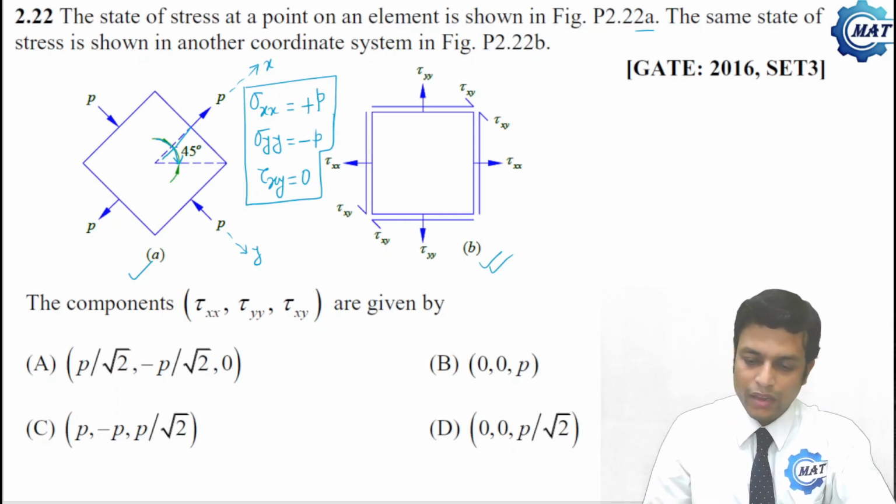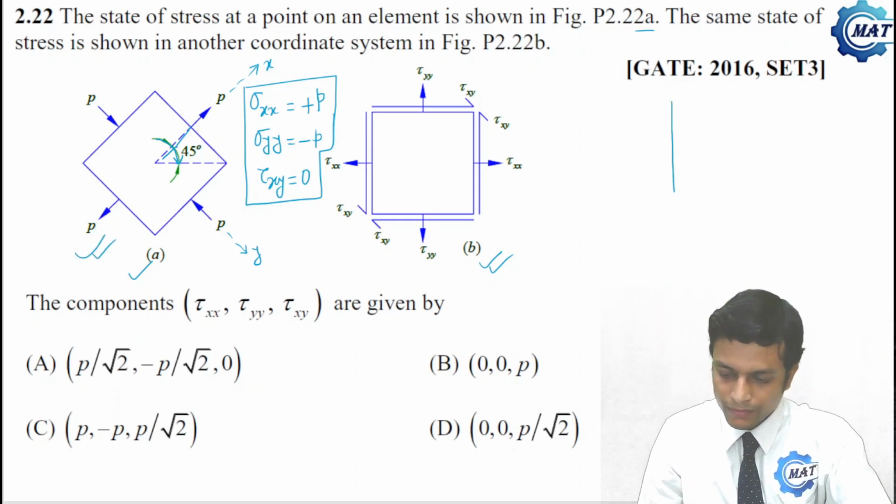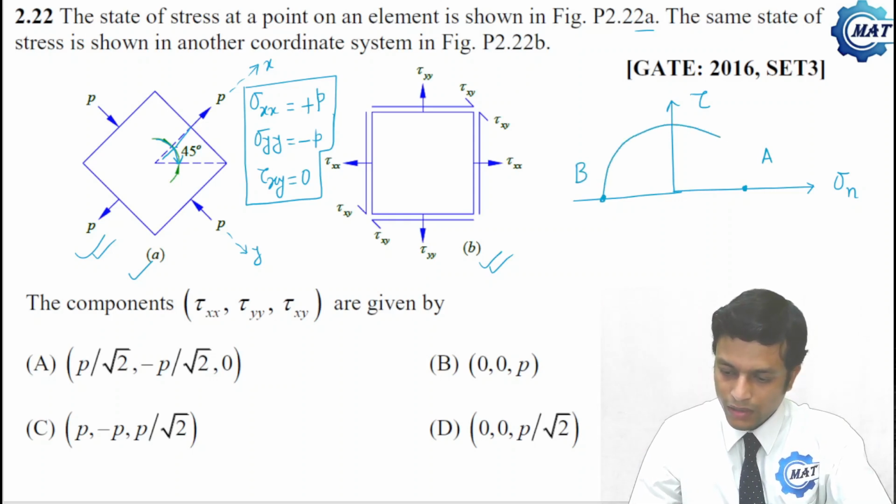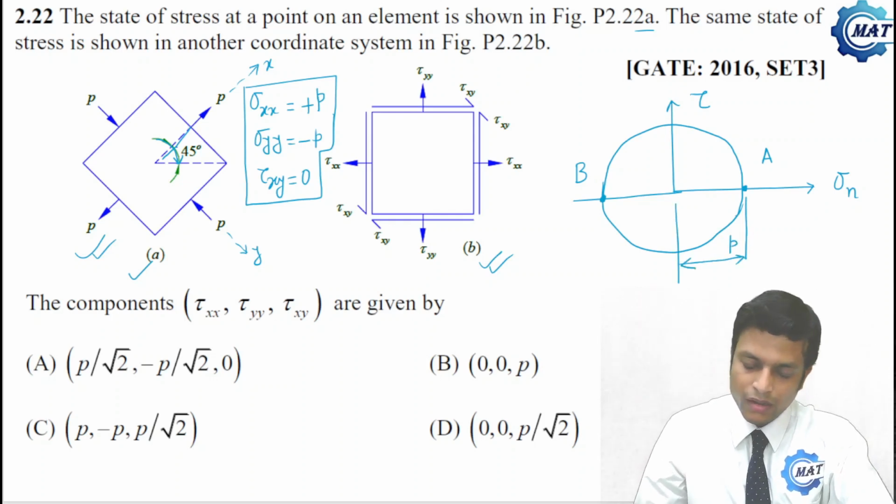First of all, let me draw the Mohr circle for this state of stress. Say this is sigma n, this is tau. Sigma xx is plus p, tau xy is 0, so this is point A. Sigma yy is minus p and tau is 0, so this is B. This is the Mohr circle and its radius is p.